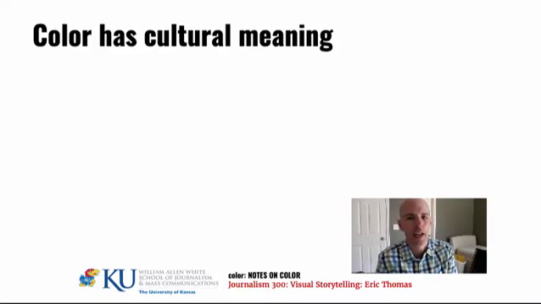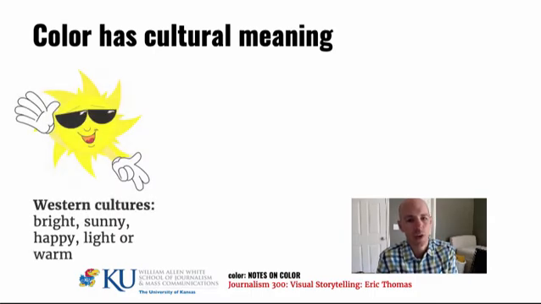The other thing that we should know, and this is very important for those of us who are trying to communicate across many different cultures, is that color has cultural meaning, right? It doesn't just have emotional and symbolic meaning, but that symbolic meaning is oftentimes tied to the culture of the person who is looking at your color expression, right? So in Western cultures, we see a bright, shiny yellow, and we think, oh, it is all about sunny happiness and light, and maybe even a kind of shallow happiness, right? Not a deep happiness, but a kind of silly happiness, right?